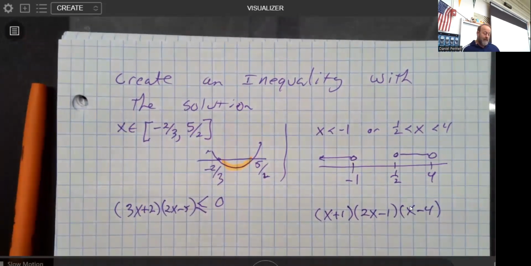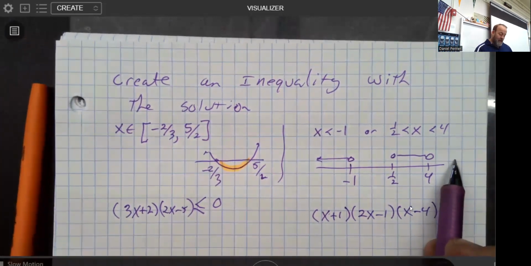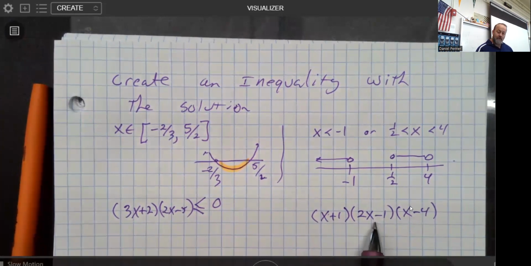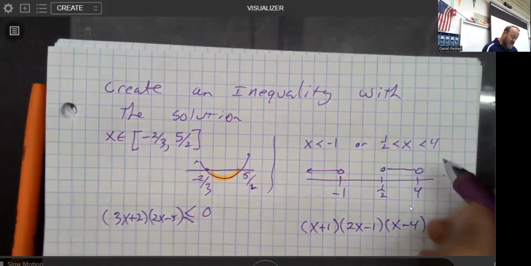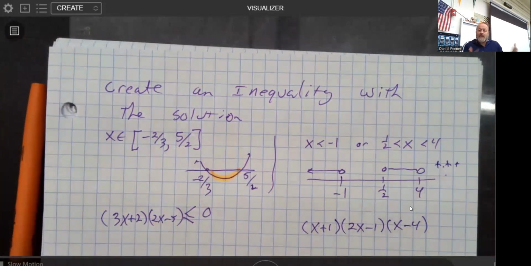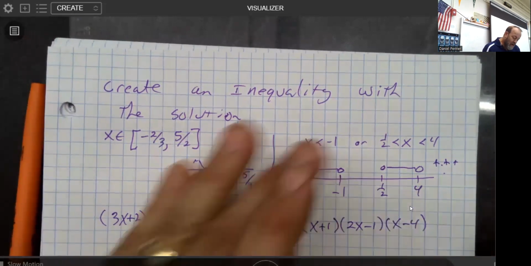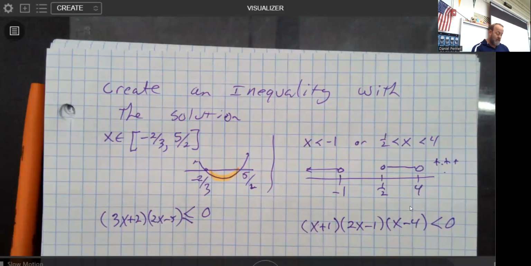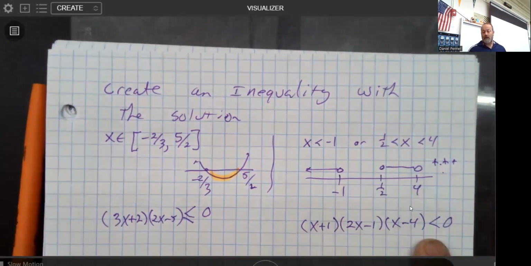Now, if I tried a number out here to the right, like 10, this would be positive, this would be positive, and this would be positive. But I didn't shade the product of positives, which is positive. I shaded clearly negative. So I want the other side of that coin. If it had been these two, I would just flip that over and I'd be good.